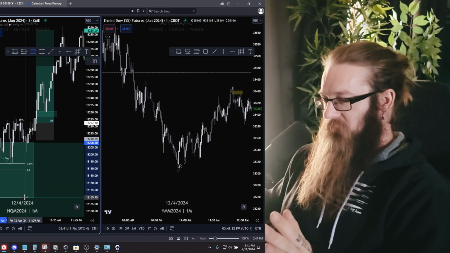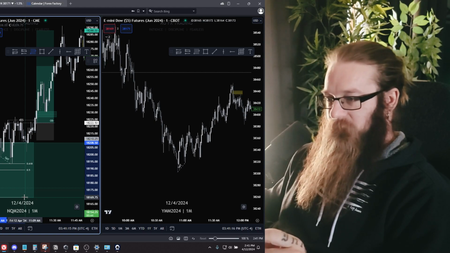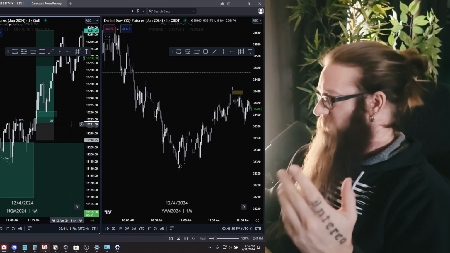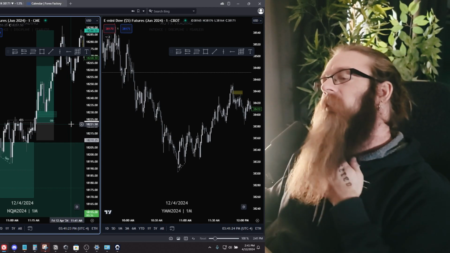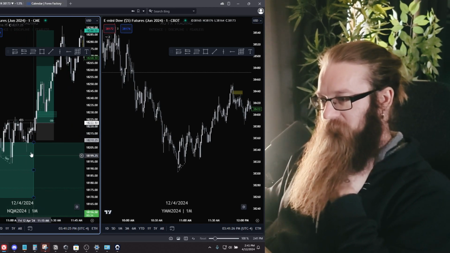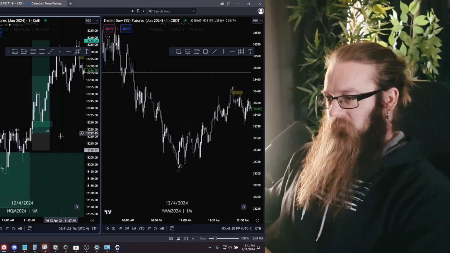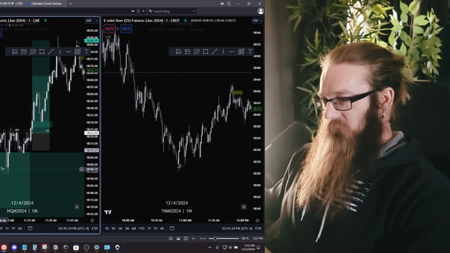Don't worry about the 618. It's in the wrong direction anyway. So yeah, it didn't really align with any of those quadrants like ICT teaches it, but it respected the area, the fair value gap, as you would expect, and traded.